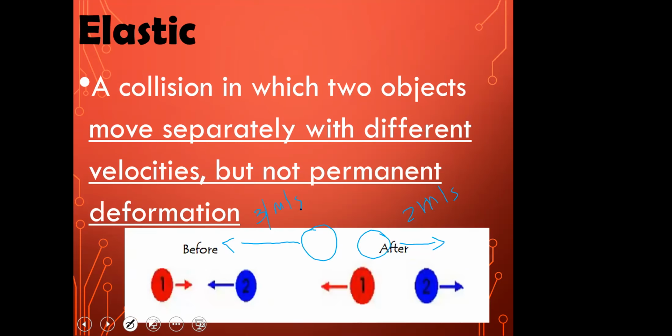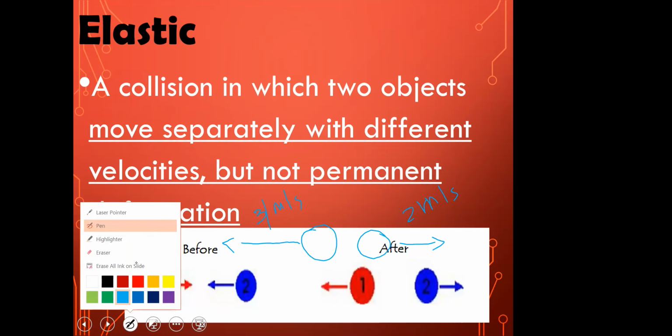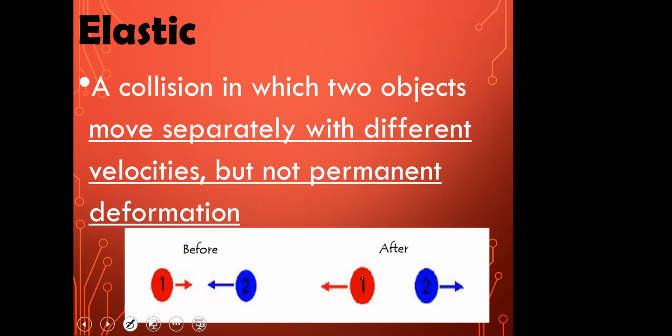Like this picture here. Before, as you see, the red ball collides with the blue one. After the collision, both of them change their direction, one to the right and one to the left, with different velocities according to their masses.